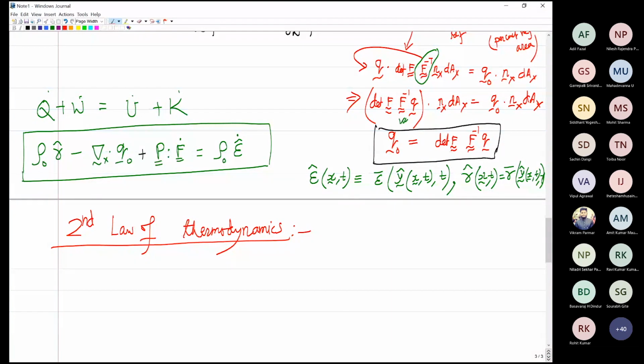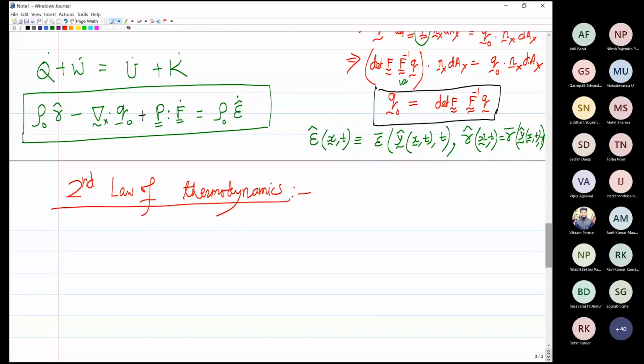Thermodynamics is really important because it can help us in getting constitutive equations. It puts restrictions on the system. Well, as I said, one form is that the total entropy always increases, or the change in entropy is greater than or equal to 0.